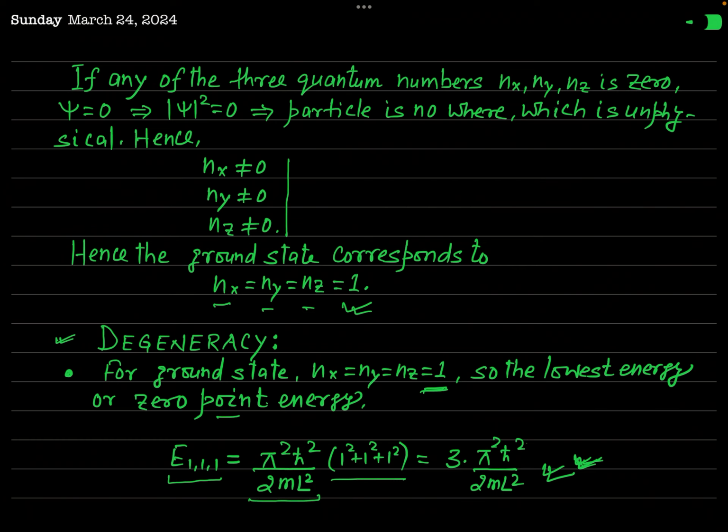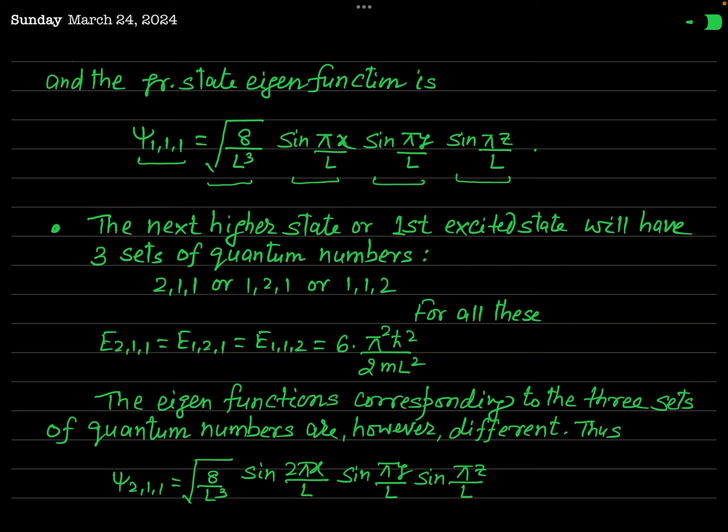Corresponding to this ground state, the energy eigenvalue has one value, E111, and corresponding to this energy eigenvalue, there is only one eigenstate, only one eigenfunction or wave function. In other words, corresponding to this energy eigenvalue E111, there is one and only one eigenfunction, psi 111.